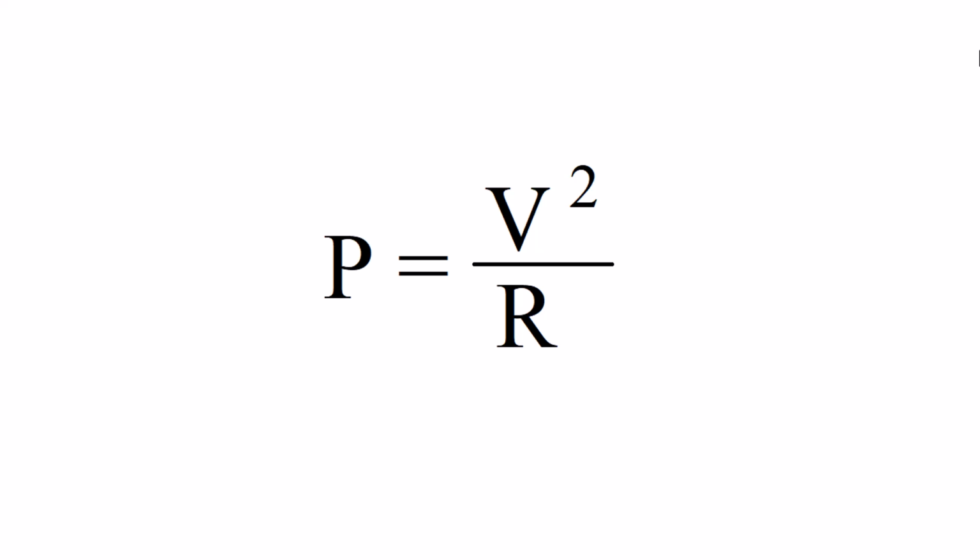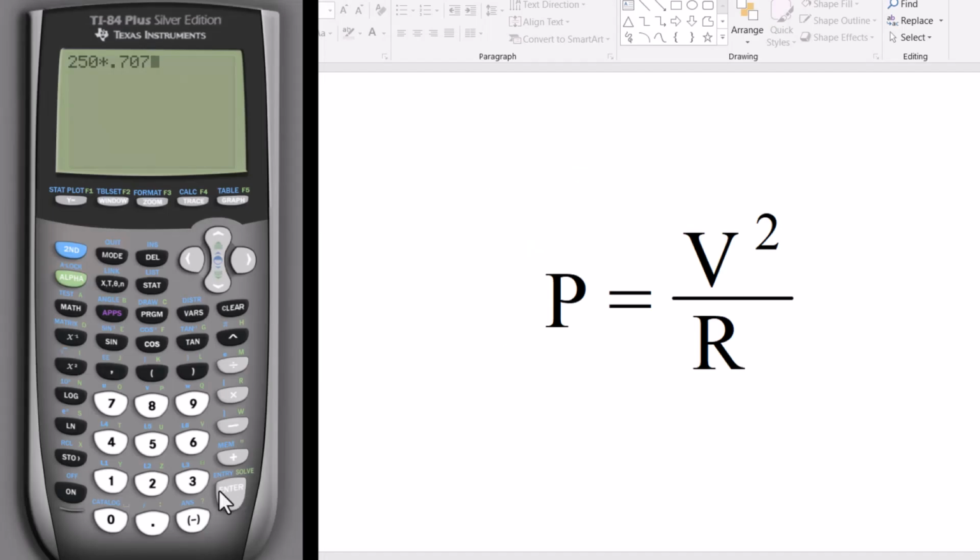So we're going to first convert our peak-to-peak voltage into peak voltage by dividing it in two, and then multiplying that by 0.707 to get the RMS voltage. Power is voltage squared divided by resistance, so I'm going to take this answer and square it, and then divide it by the resistance, which is 50 ohms. And we get 625 watts.